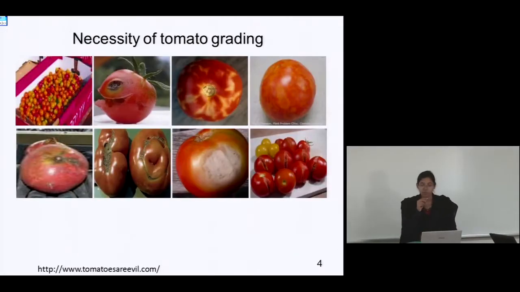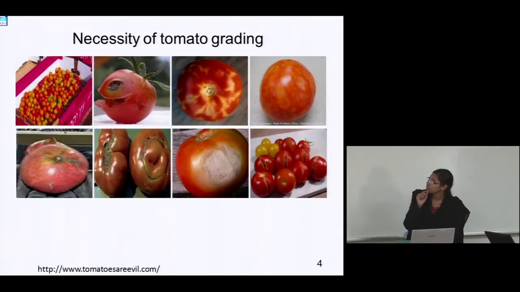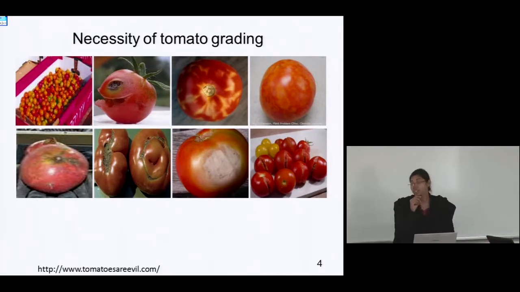The necessity of tomato grading. In these slides we can see some images of tomato. The first image shows harvested tomato. It includes damaged tomato, mature tomato, and immature tomato. If we do not grade the tomato and sell it in the market, it contains damaged tomato and mature and immature tomato together.